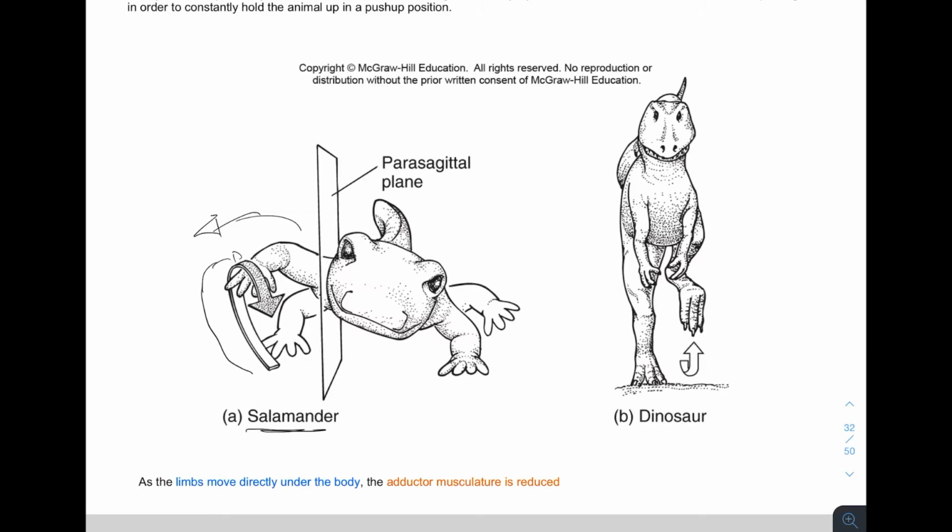And a dinosaur, even though we cannot see it in real life, we know based on the anatomy that this T-Rex, an example of a bipedal dinosaur, was able to clearly just swing its limbs forwards and backwards in a very similar way to how humans locomote.